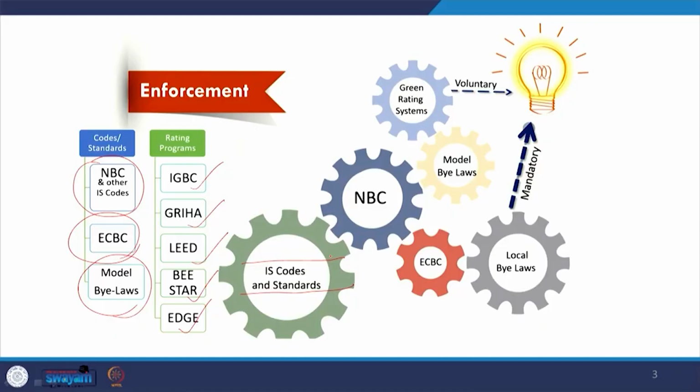We have the IS codes and standards which are mandatory in nature. All the building owners and facility managers are mandated to follow the IS codes and standards. These IS codes and standards are referred to in NBC, which we as architects often refer to, and while we are making green and sustainable buildings, we are also referring to NBC.